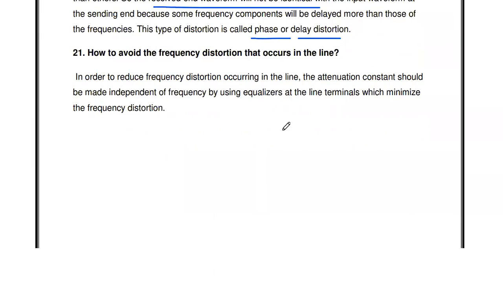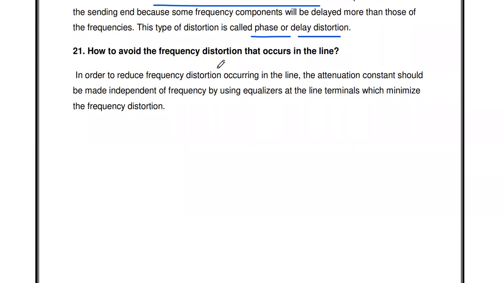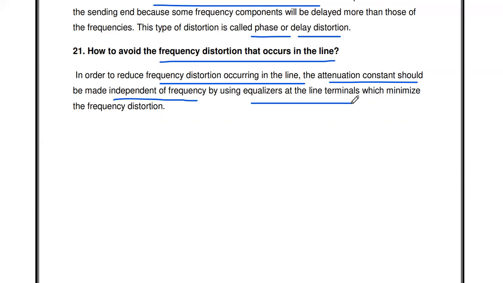Okay, then the next one: how to avoid the frequency distortion that occurs in the line? If we want to reduce the frequency distortion occurring in the transmission line, the attenuation constant should be made independent of frequency, by using equalizers at the line terminals.